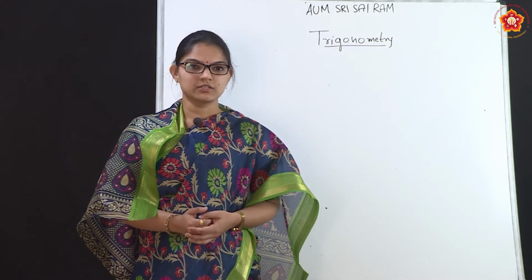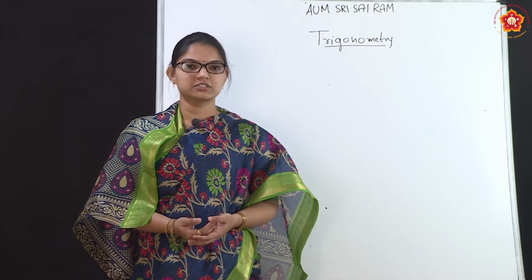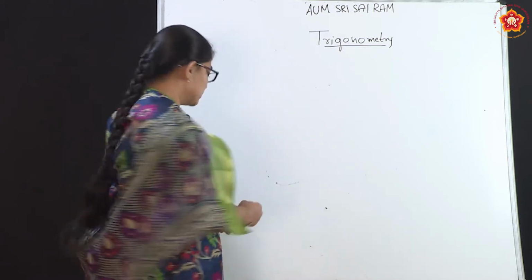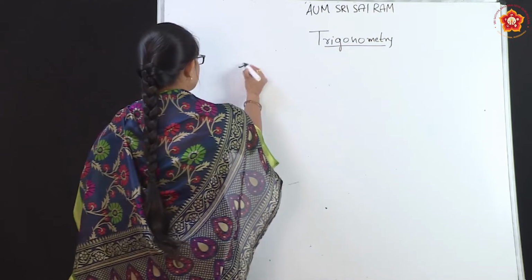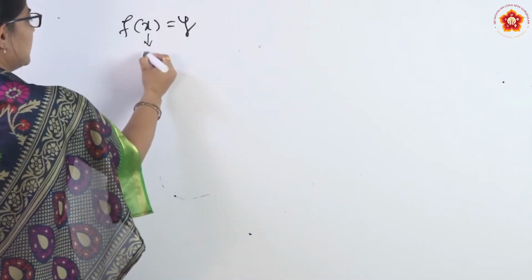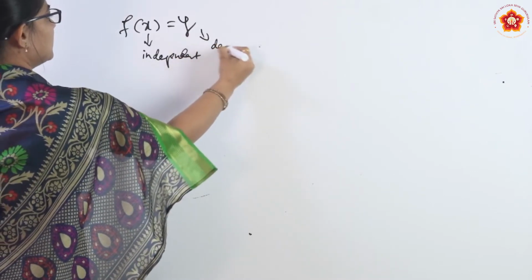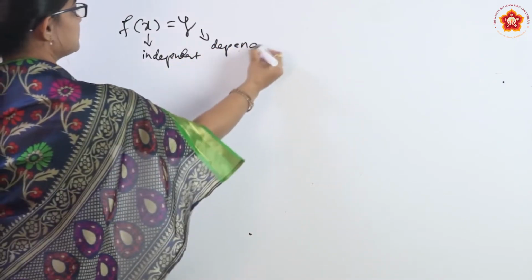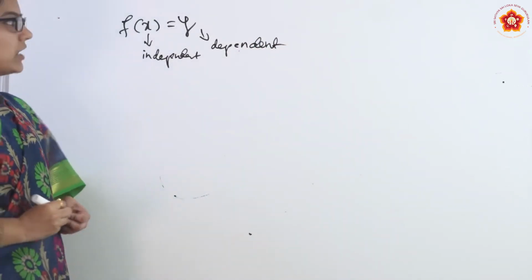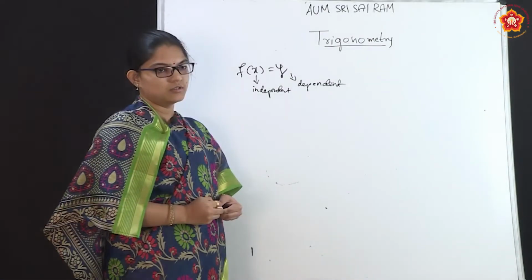You have learnt about many functions, that is signum function, greatest integer function, constant function, identity function, etc., where any function can be denoted as f of x, that is f of x is equal to y, where x is an independent variable and y is a dependent variable, that is y is depending on x. And for any function it is possible to find its domain and range.